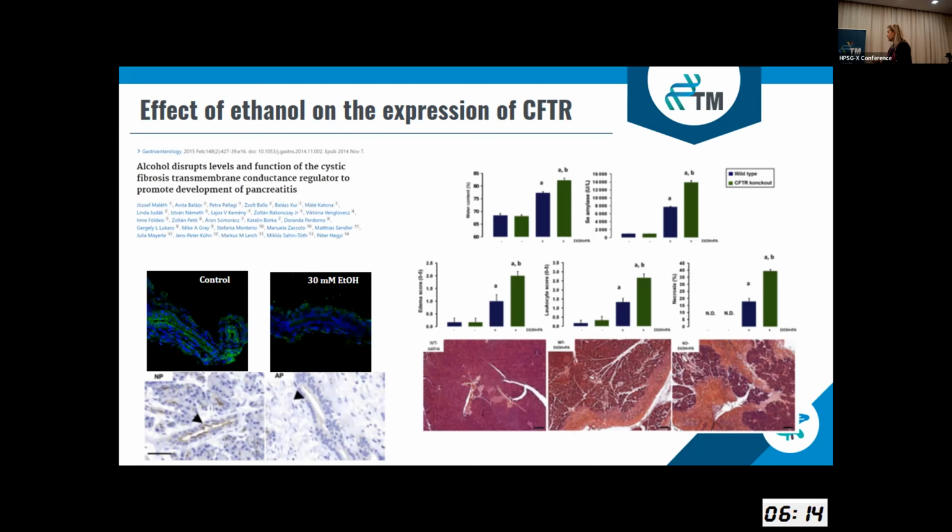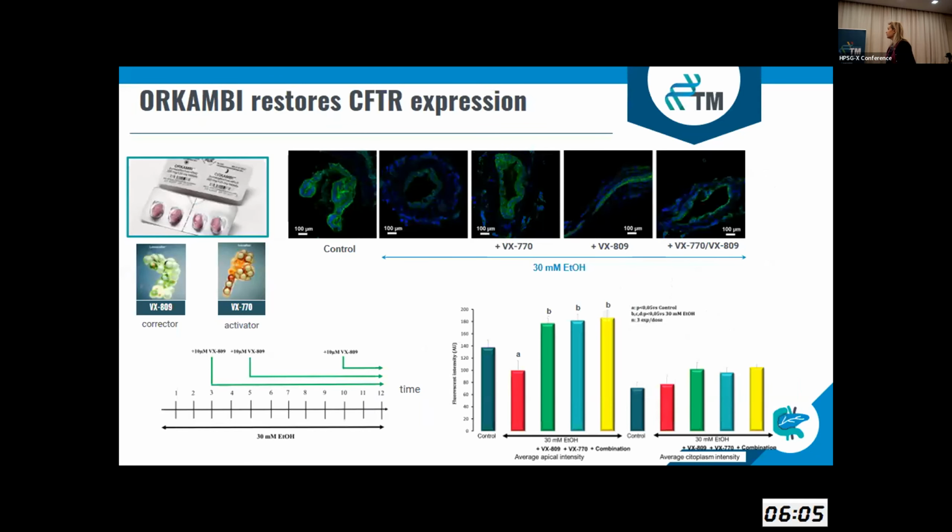So this indicates that the restoration of the expression of CFTR can also be beneficial in pancreatitis. Recently, in the therapy of cystic fibrosis, a clinically approved and available drug, Orkambi, is used.